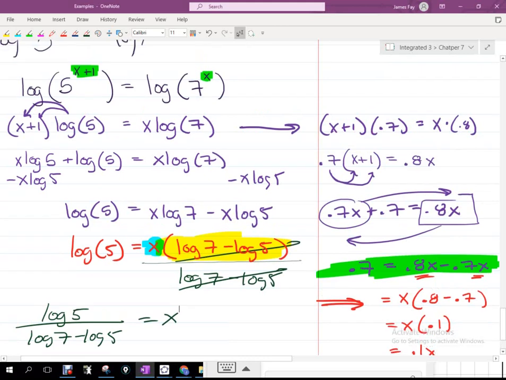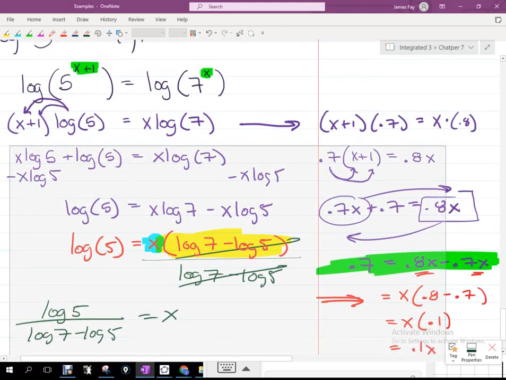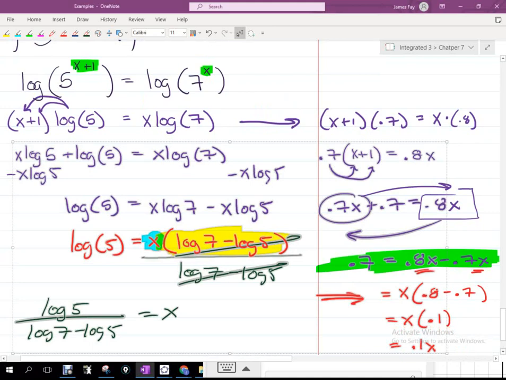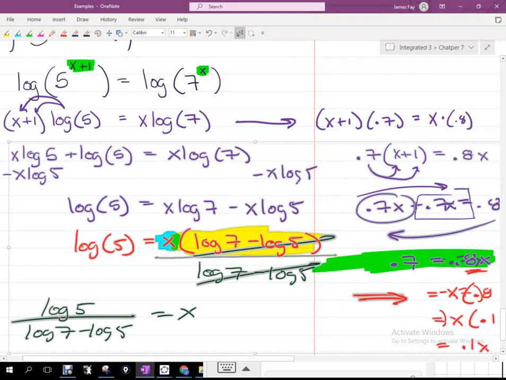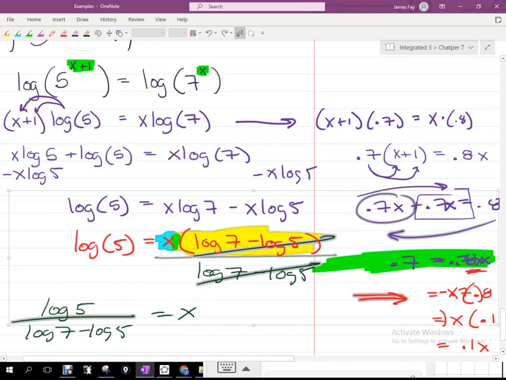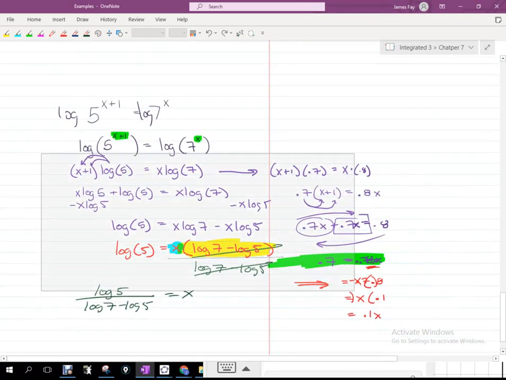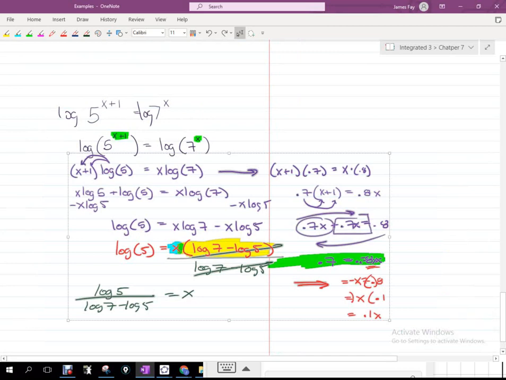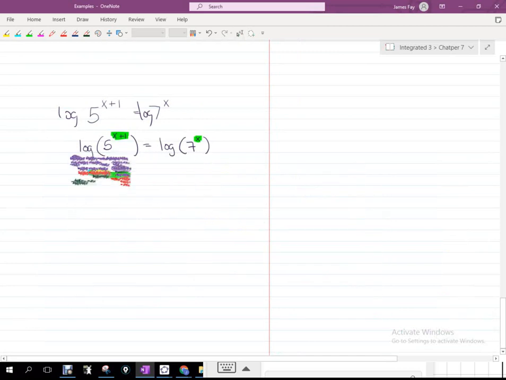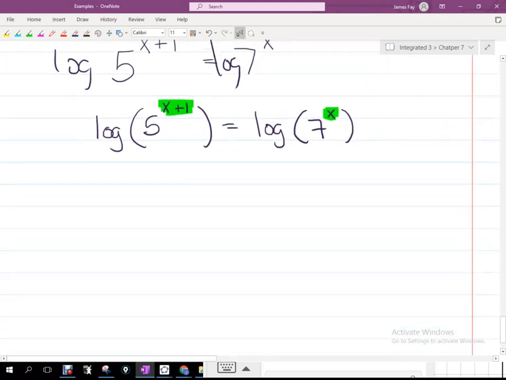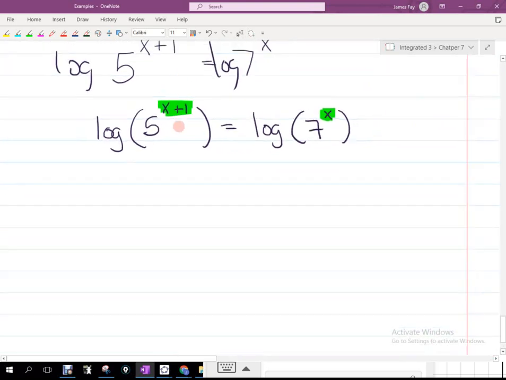So what I mean by that is once we apply our log rules of putting this x plus 1 out front, log 5 equals x log 7, okay?